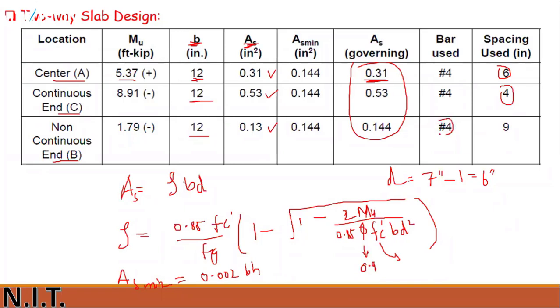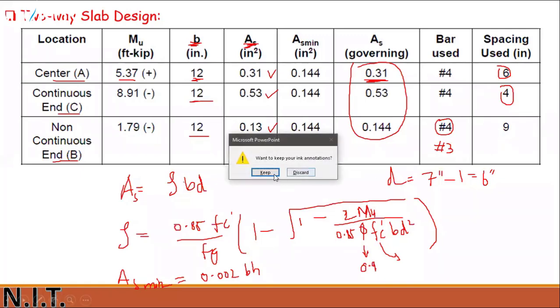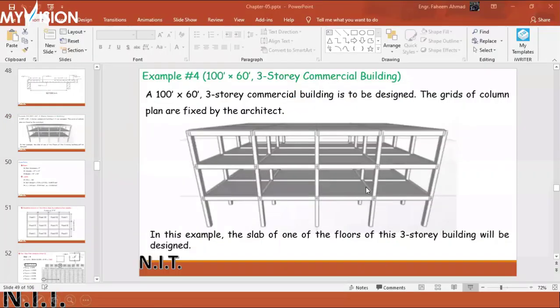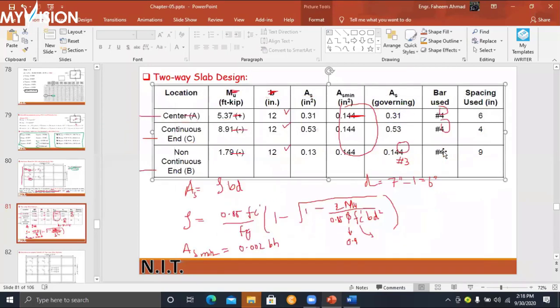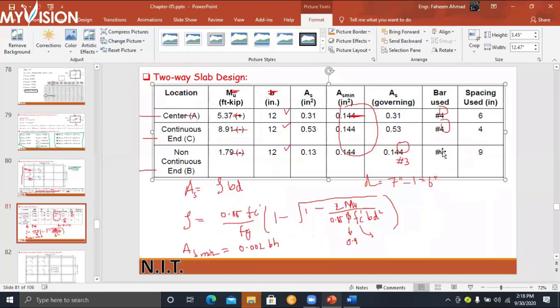This is a little wrong. This is number 3. Sorry, dear students. This is a number 3 bar. This is a mistake. This is a number 3 bar at the rate of 9 inch center to center. Let me change it. I cannot change it here.